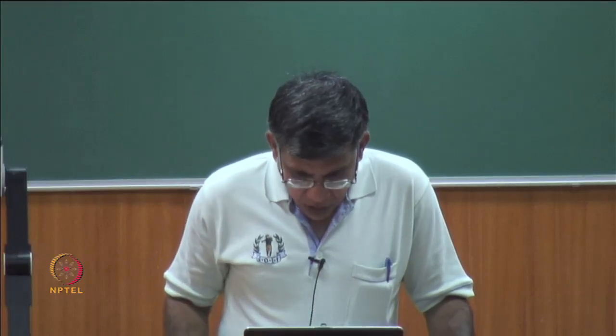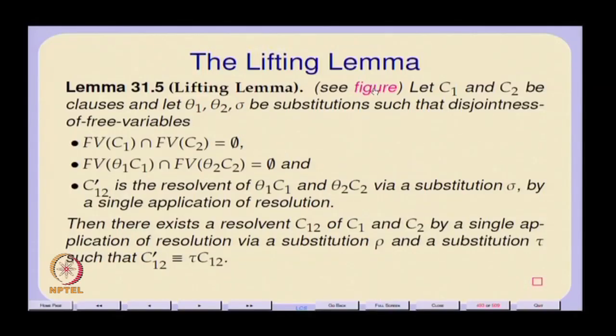So let us look at this. Before I prove the completeness, I want this thing known as the Lifting lemma. This is all too complicated. You can read it at your leisure.